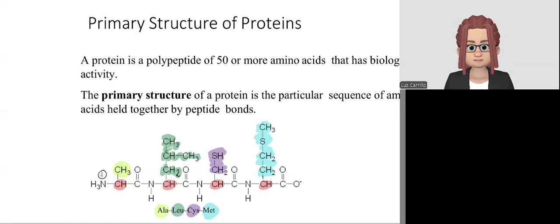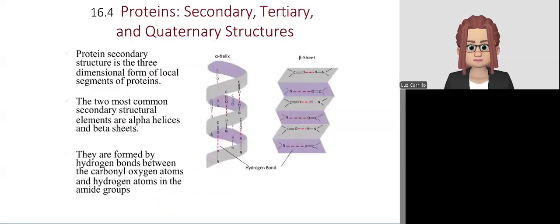In addition, we must explore what is the secondary structure, tertiary structure, and quaternary structure for a protein. Let's start with the secondary structure. The secondary structure of a protein has to do with the hydrogen bonding events that are going to happen at the peptide bonds.